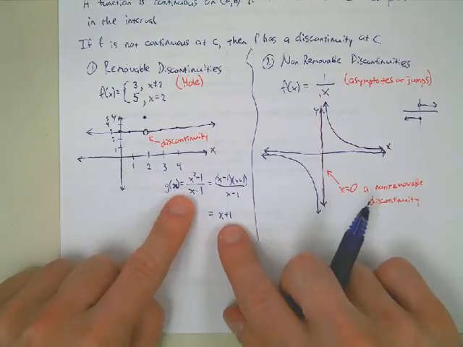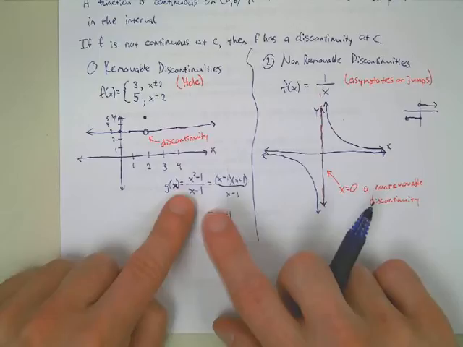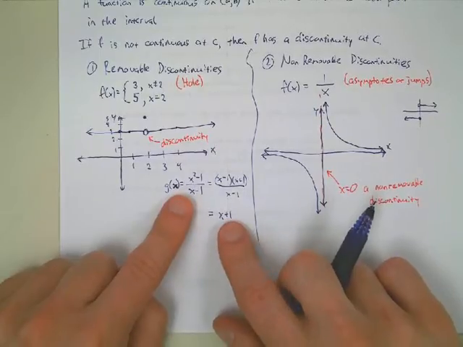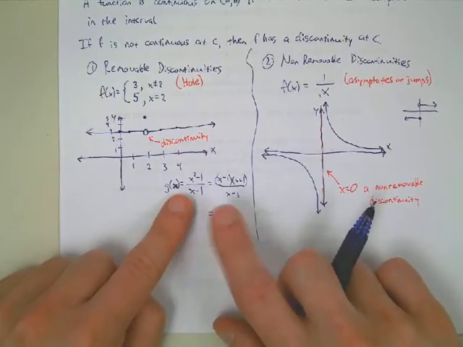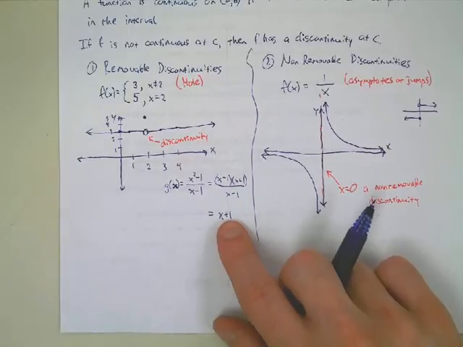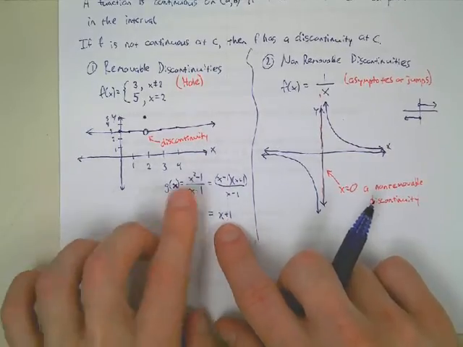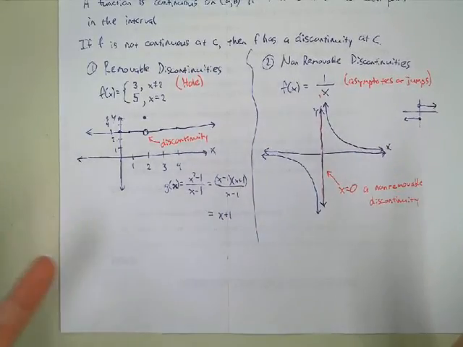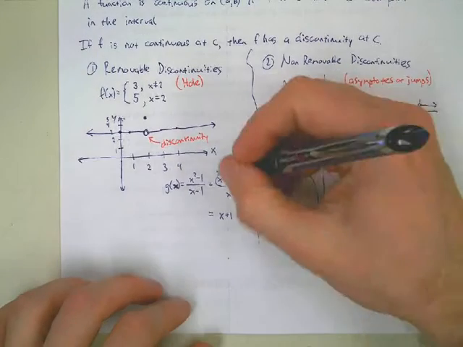Does this thing have a discontinuity at x equals 1? No. Does it have a domain restriction at x equals 1? No. So they're technically not exactly equal, but we can say they're equal at everything but x equals 1. The point of this was to show that this has a removable discontinuity.